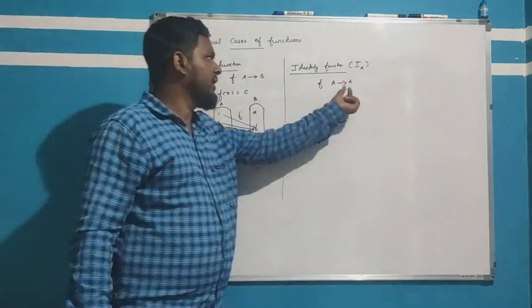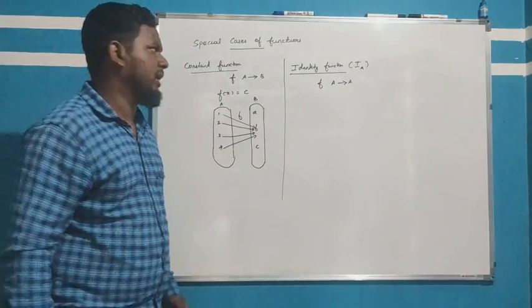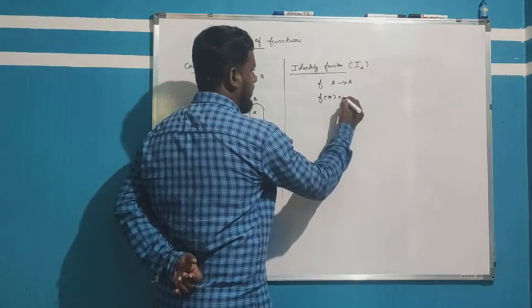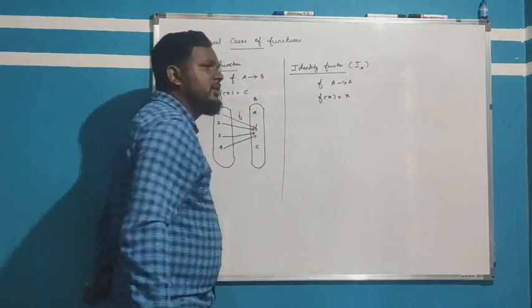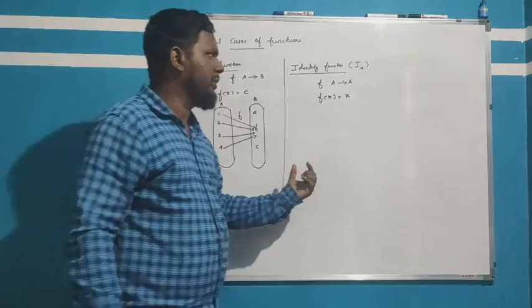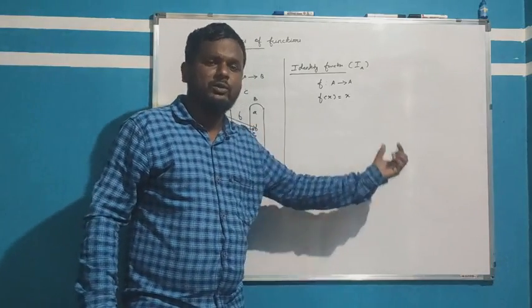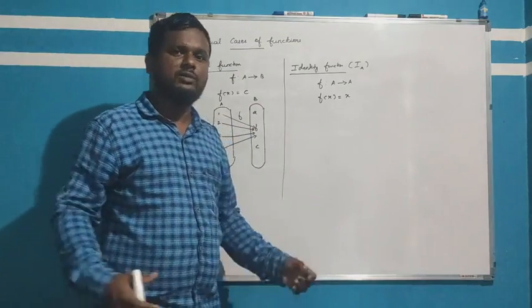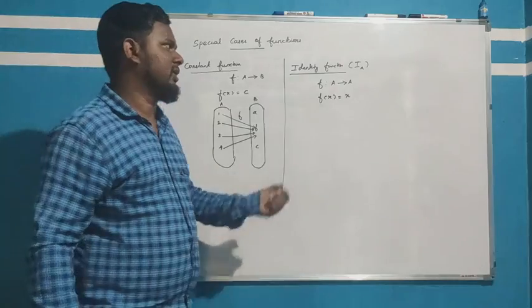So f of x equal to x. Preimage and image have equally the same elements, so these two sets have the same elements with a relation between them.